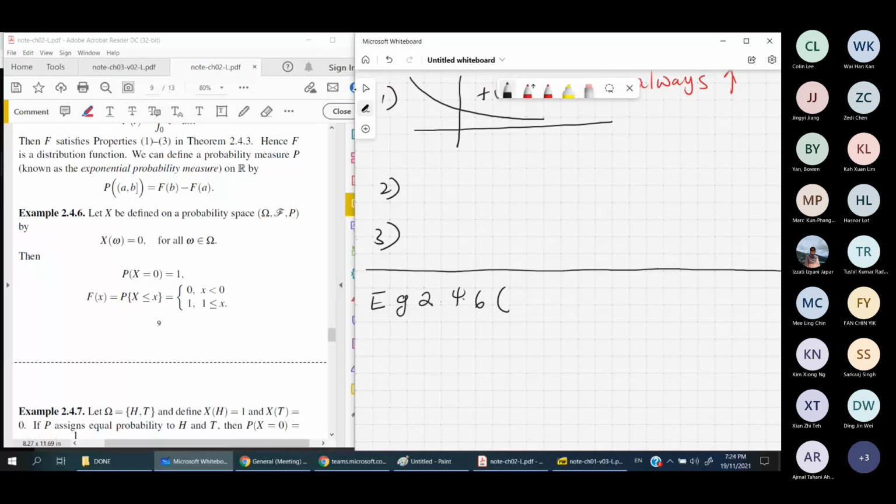In fact, there is only one value. So X(omega) is 0, and P(X equals 0) equals 1. So P_X will be this. That means you can see clearly the graph looks like this.